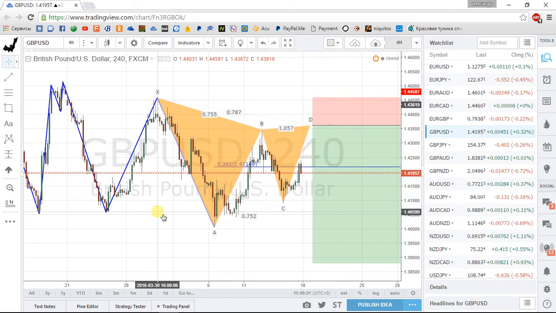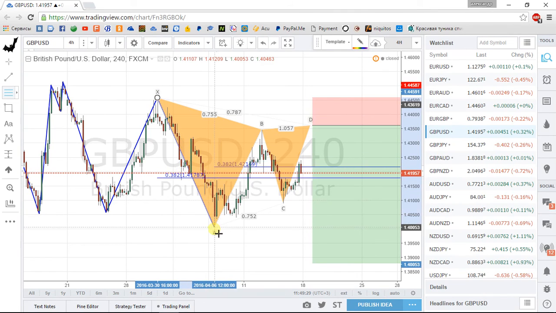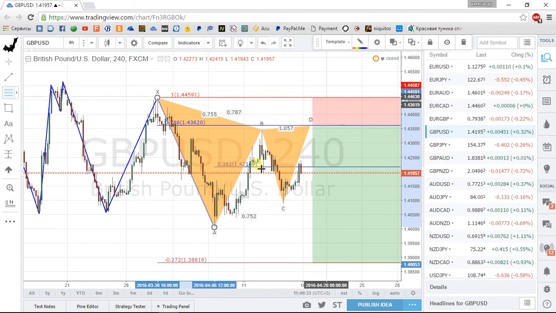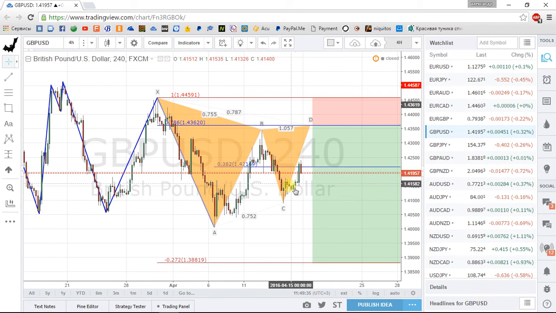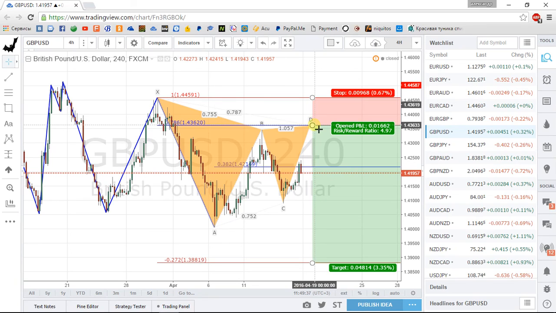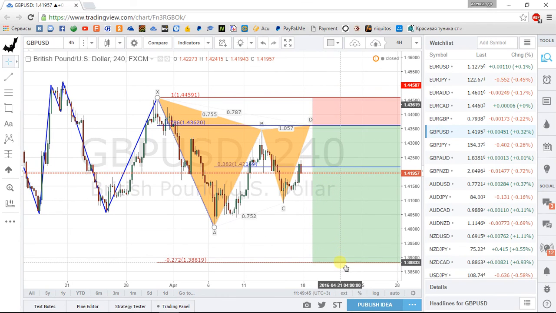I deleted some fibs. Okay, it doesn't matter. If price goes up to this 786, then the order will be triggered, and I'm looking for the price to go all the way downside, until we hit this 127 extension.